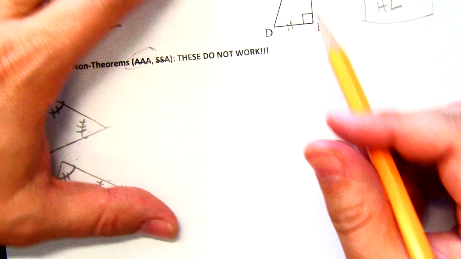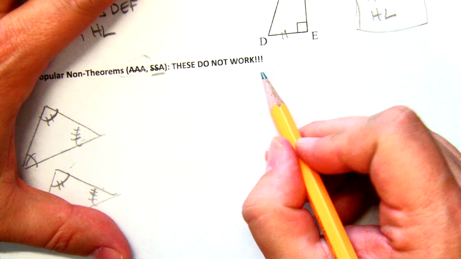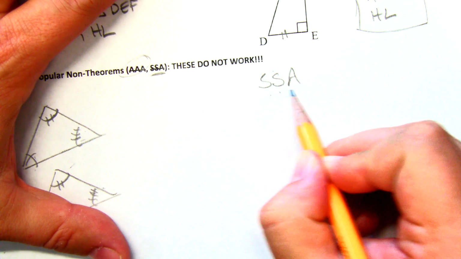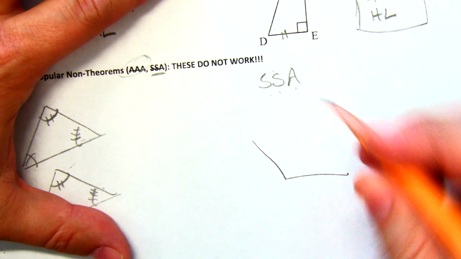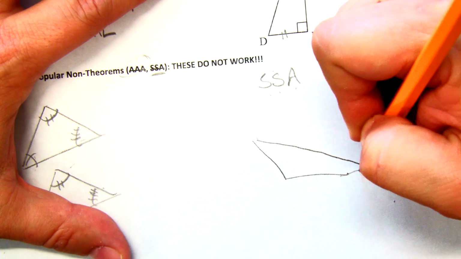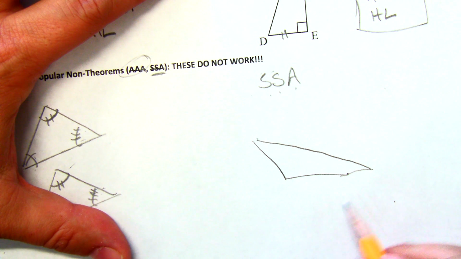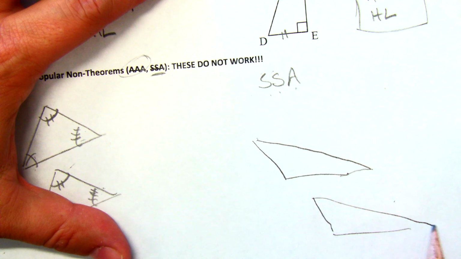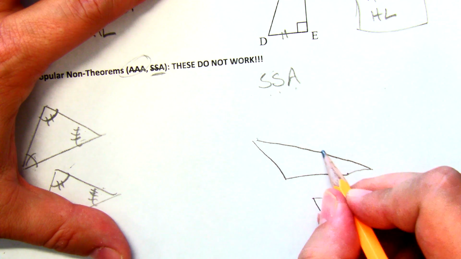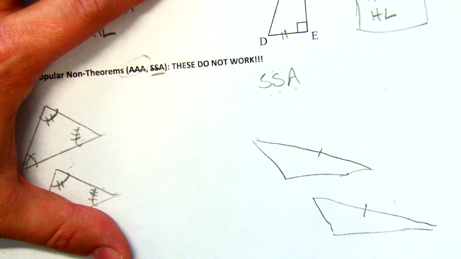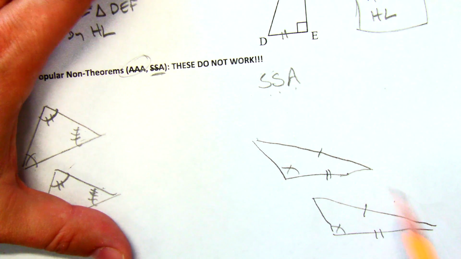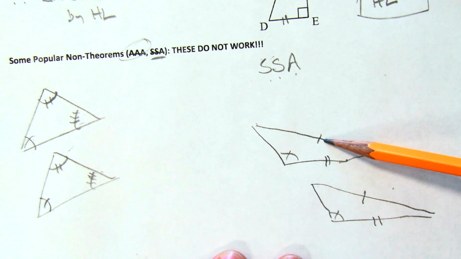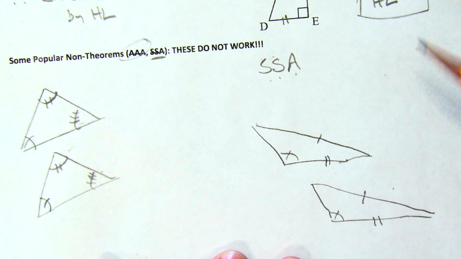The other one that people try to use, which doesn't work, is SSA, side-side-angle. Pictures can be deceiving. Suppose they've got this side and this side congruent, and this side and this side congruent, and these two angles congruent. They say, oh, I've got an angle, I've got a side, so I can probably use SAS.